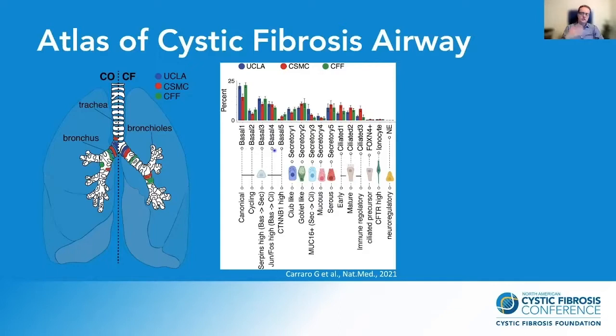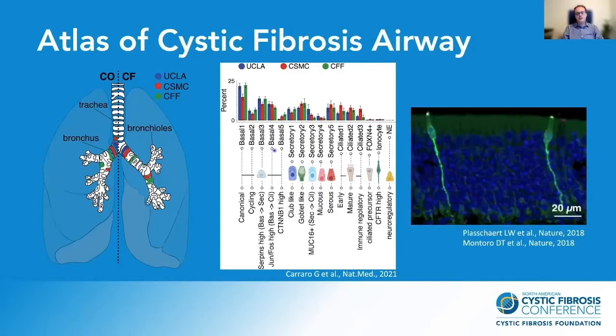For example, here on the right is an image that shows ionocytes. These are specialized cell types for the production of CFTR that have been recently discovered. And we can go back to our transcriptomic atlas and see where CFTR is expressed, not only in ionocytes, but in general in the epithelial cells in the lung in control and CF.